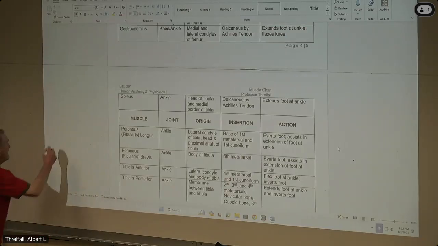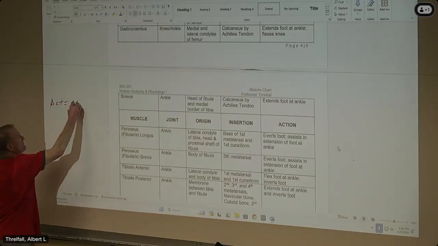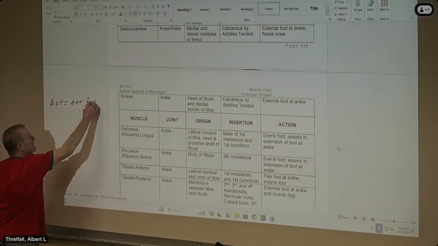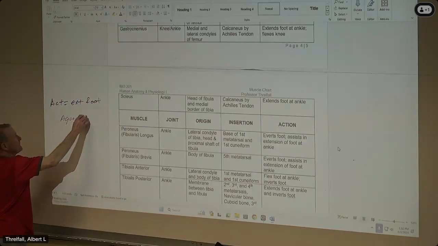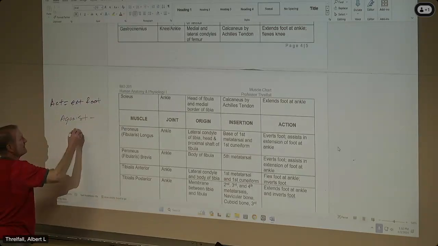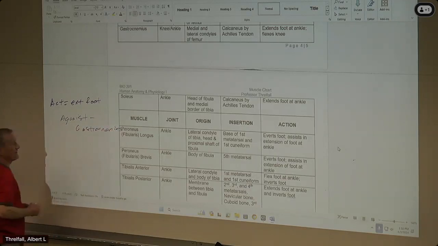So which ones extend the foot at the ankle? Gastrocnemius. Okay, so we're defining the action as extending the foot, and it's implied to mean at the ankle. So we have the gastrocnemius. Somebody else, are there any others that extend the foot at the ankle?